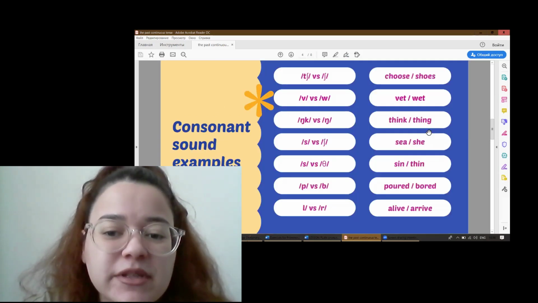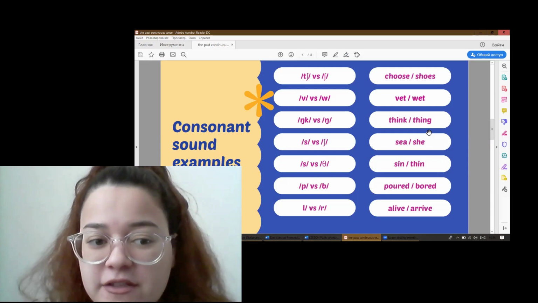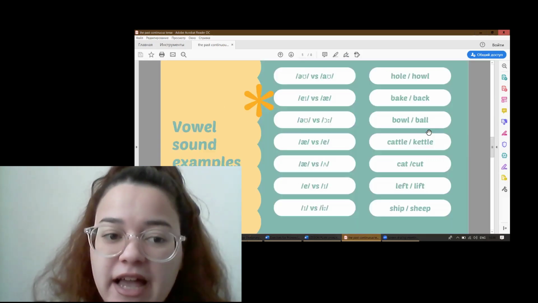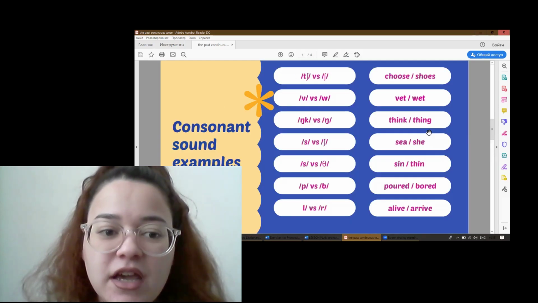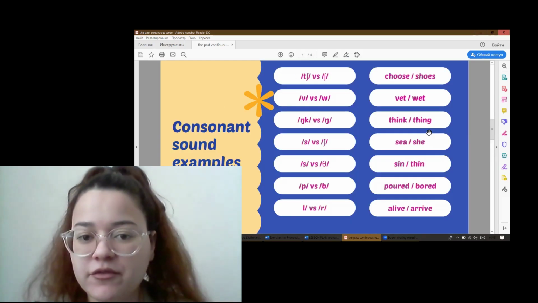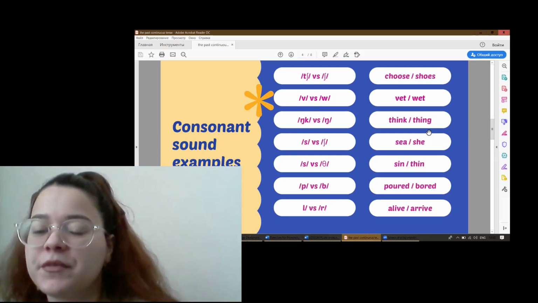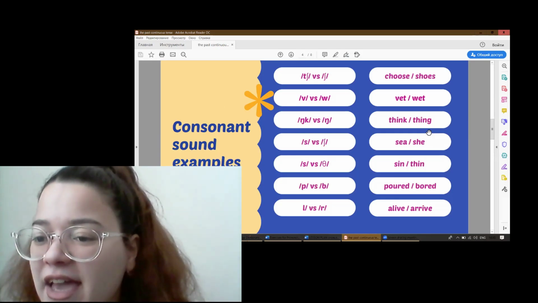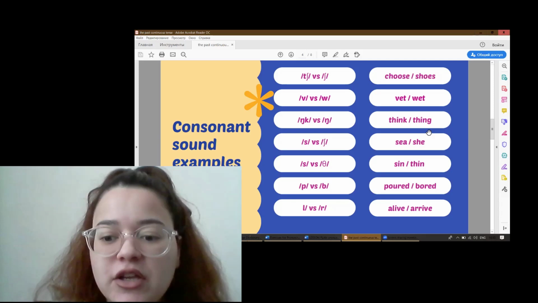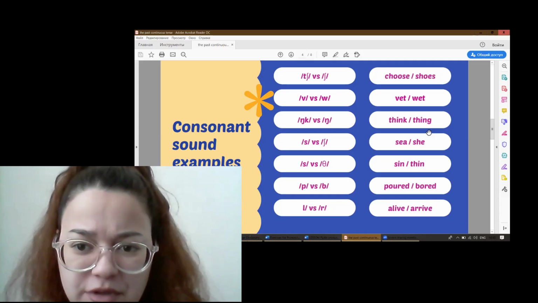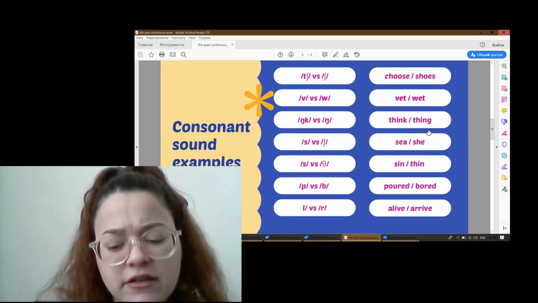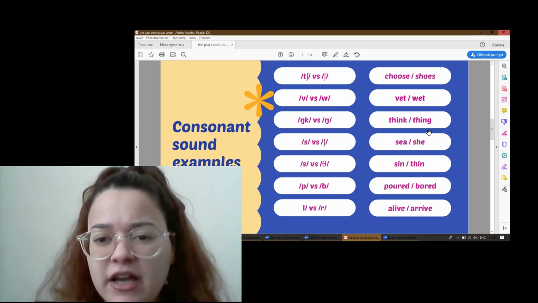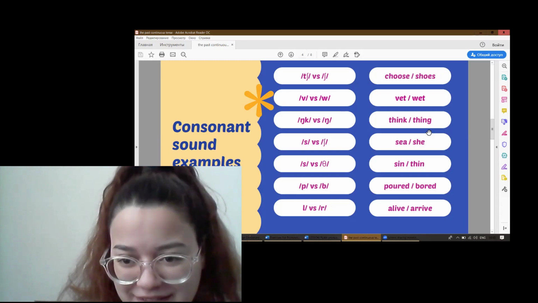So, I have a list for you, consonant sound examples and vowel sound examples. In the consonant sound examples, for example, V and W, vet, wet. Actually, when I say that, you cannot see the difference between them and it can make you bewildered and you think, did the teacher say vet or wet?